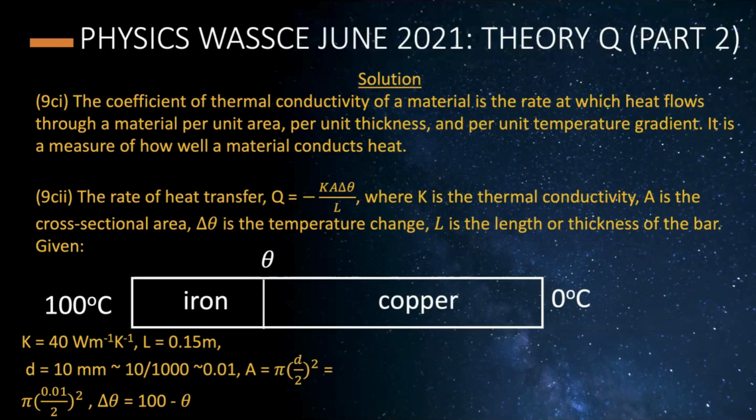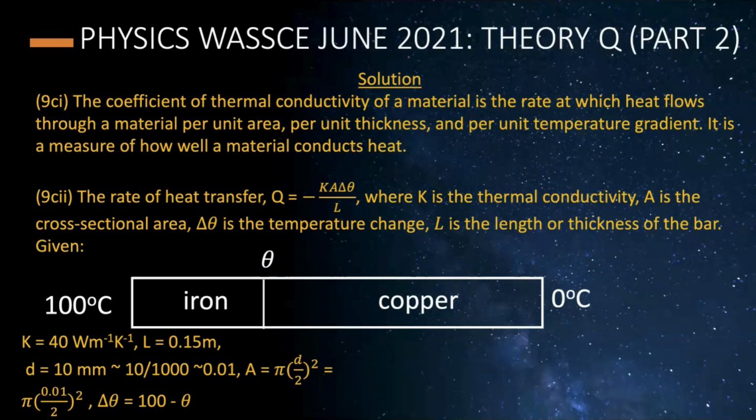So for example, I have now given more context to this diagram. I don't know if the one you get for the examination will be to scale anyway, but this one is to scale. What do I mean by being to scale? So when you look at the parameters given, the length or the thickness for iron is small compared to that of copper.